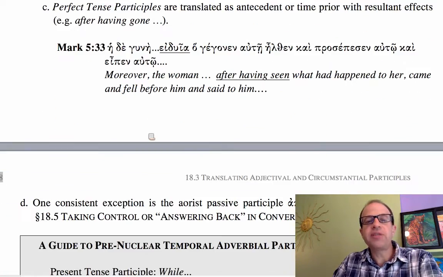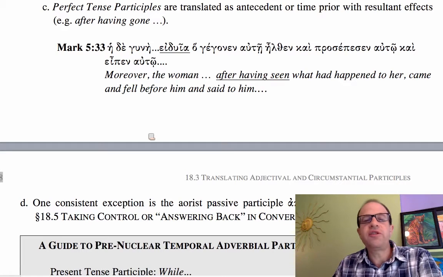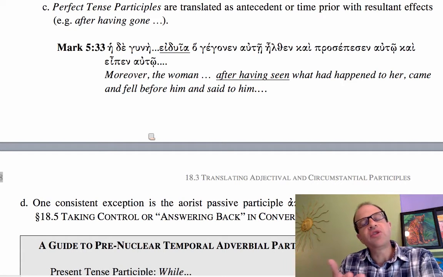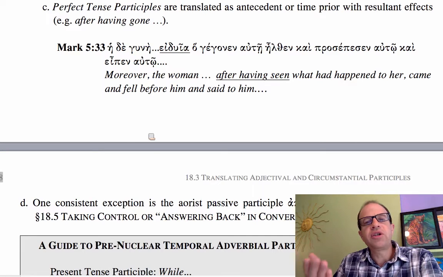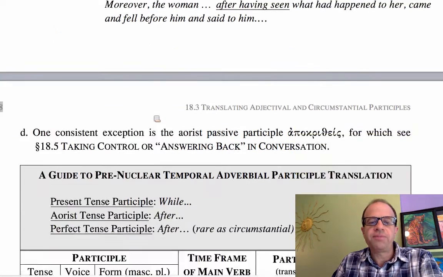Once again, the perfect tense participle is somewhat difficult to render in such a way that you effectively stress the stative or resultative impact of that participle. The conjunction "after" may be helpful, and you can see that example there.